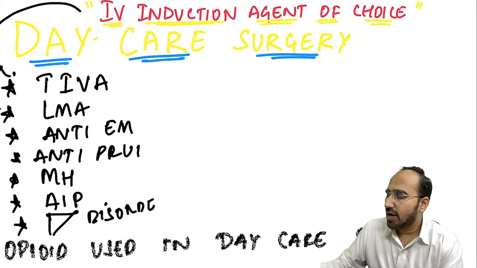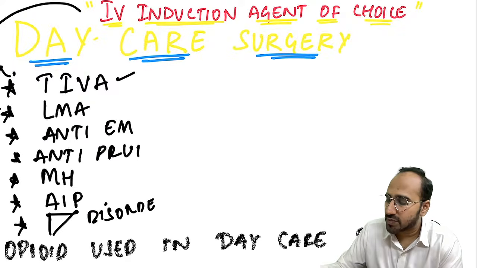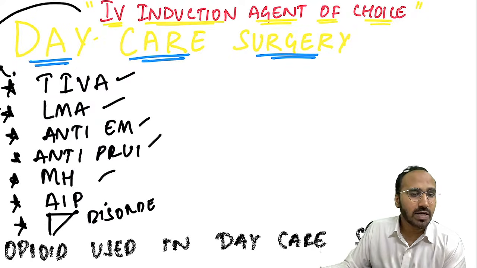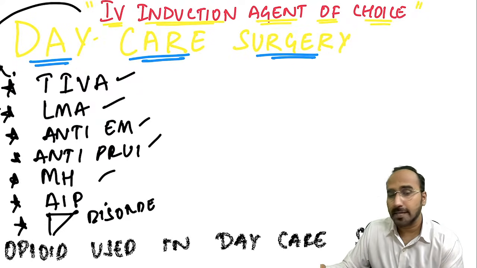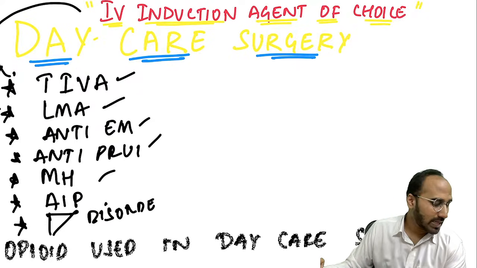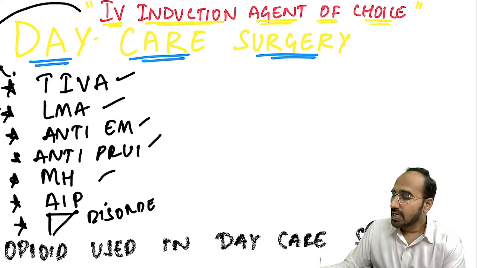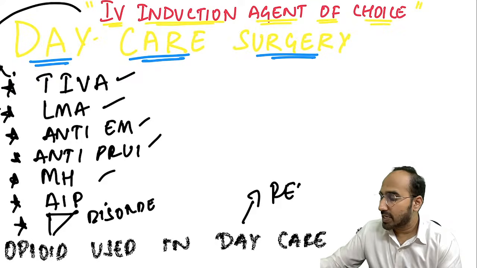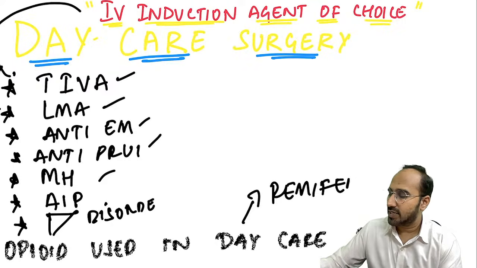So basically, Propofol is the IV induction agent of choice for TIVA, LMA, antiemetic property, antipruritic property, malignant hyperthermia, acute intermittent porphyria, and liver disorder, right? Next, what is the opioid that can be used in daycare surgery? The opioid that can be used in daycare surgery is remifentanil.